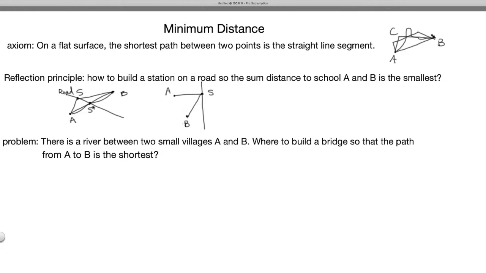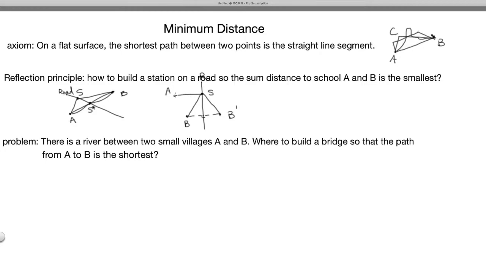For that, we use a really good trick. Thinking about this road, we can make a reflection of B to the other side of the road, B prime, which is a symmetric point. B keeps the same distance and is reflected the same distance to B prime, so SB is going to equal SB prime.